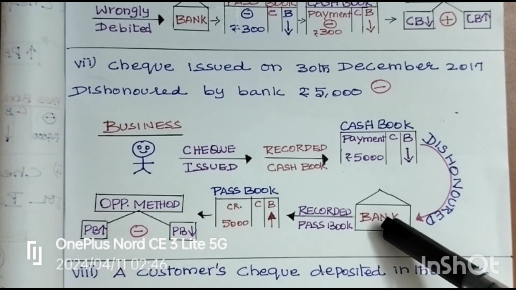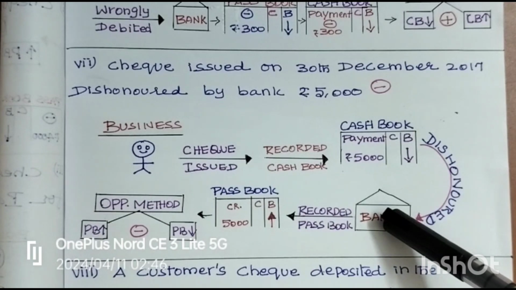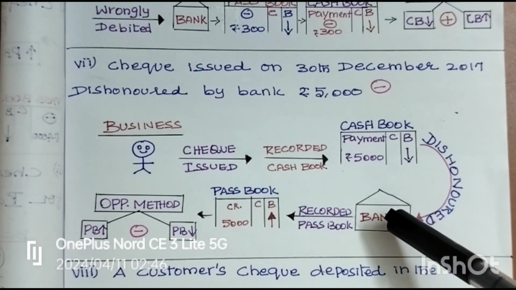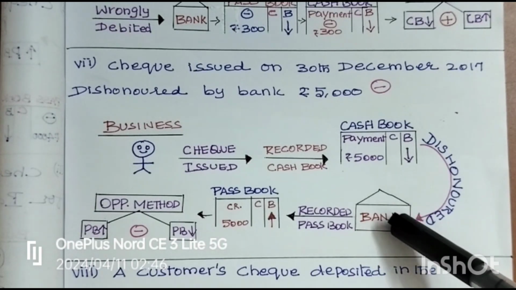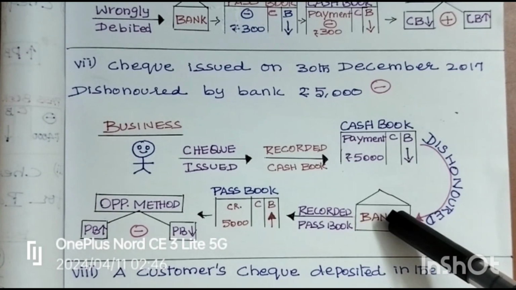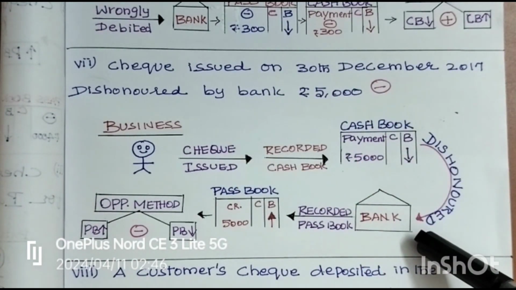Okay. So what happened in the bank? On due date, that check was dishonored because you didn't have sufficient balance in your bank account. Do you understand?